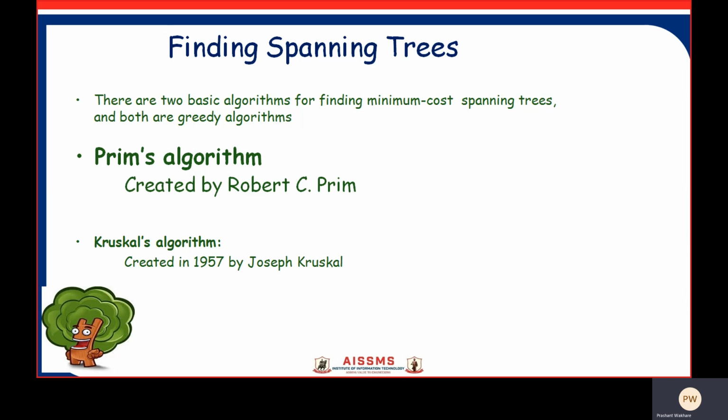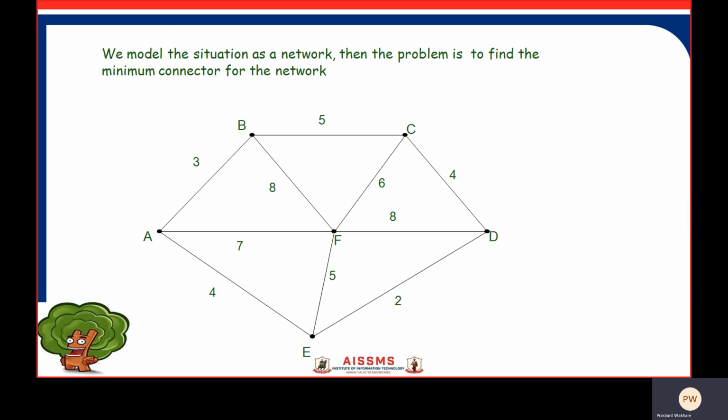So for finding spanning trees there are two algorithms, Prim's algorithm and Kruskal's algorithm. The scientist Robert C. Prim developed Prim's algorithm, and the scientist Joseph Kruskal developed Kruskal's algorithm. Both algorithms are greedy algorithms. In these examples, we model the situation as a network, then the problem is to find the minimum connector for the network.